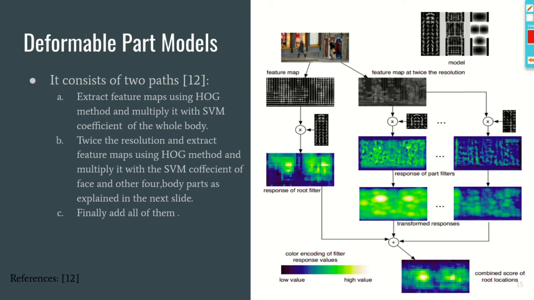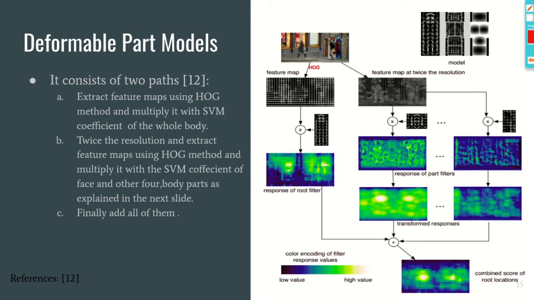The second approach is the DPM, which is deformable part models. These deformable part models consist of 2 parts, so I will explain it here, as it's better than reading. First of all, we will extract the feature map from this image using HOG, as we explained on the last slide.